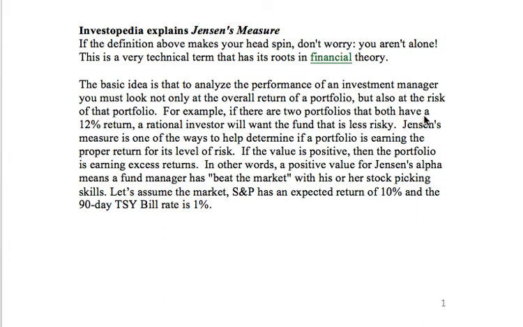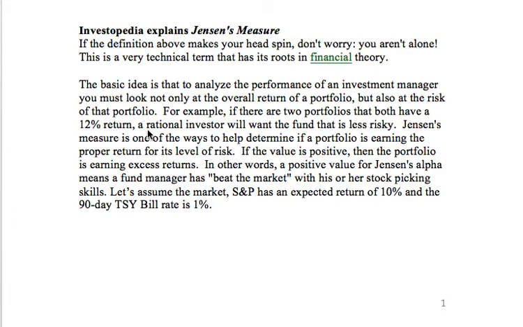Well, again, what we're assuming here is that we have two portfolios, we'll say A and B. They each have a return of 12%. Are we going to be indifferent to those portfolios? No, and the reason is that some portfolios, some stocks, do have greater risk than others if we are identifying risk by way of its beta.